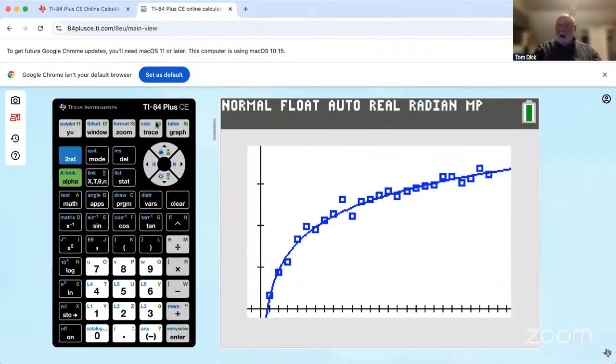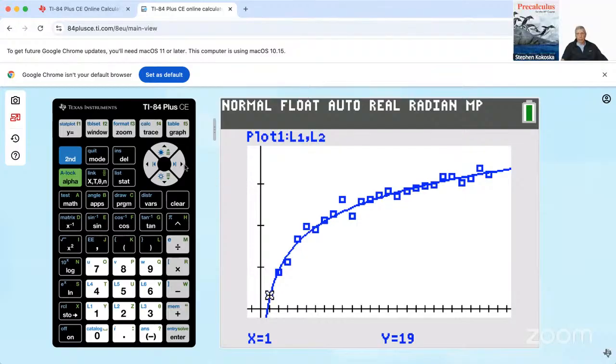Now, if I turn on trace, let's see, this is actually tracing the scatter plot. So if I increment, it's going to jump from point to point. And so we could go, for example, for us, x equal 9 means 2009, okay? There we go. There's that plot.